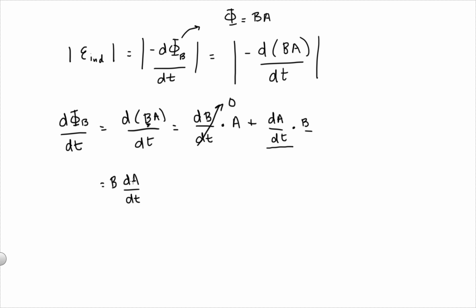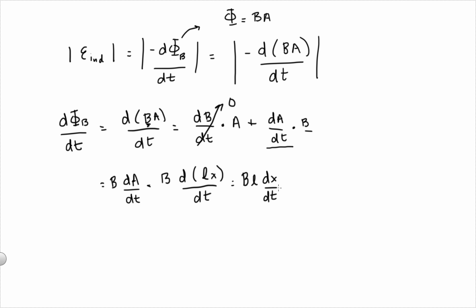Well, what is A? A is the product. That's just geometry here. So that's L times X. And that is within our time derivative. And what's changing with time? Well, L is not changing, but X sure is. And so this becomes B L dx/dt.